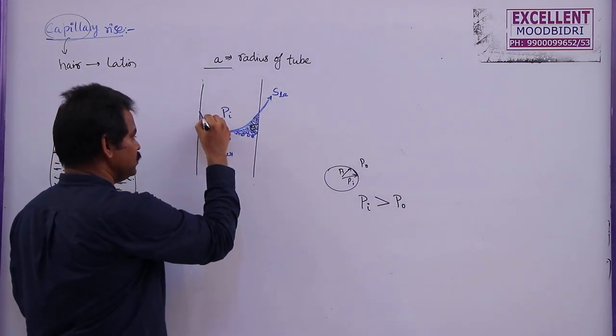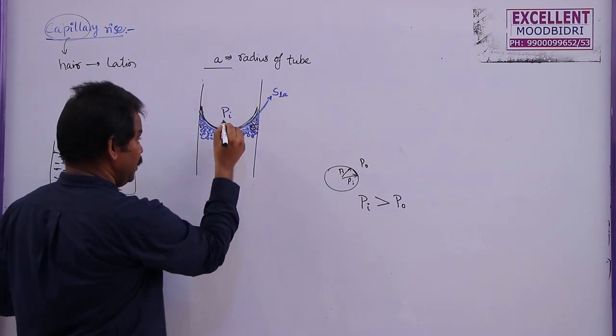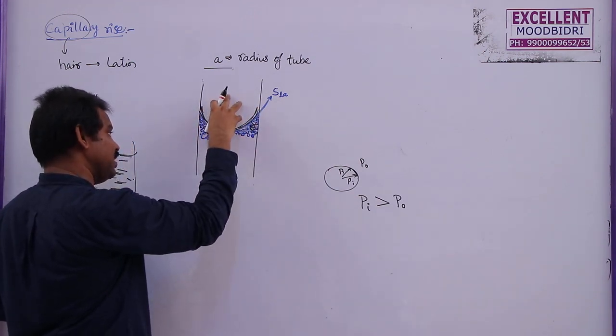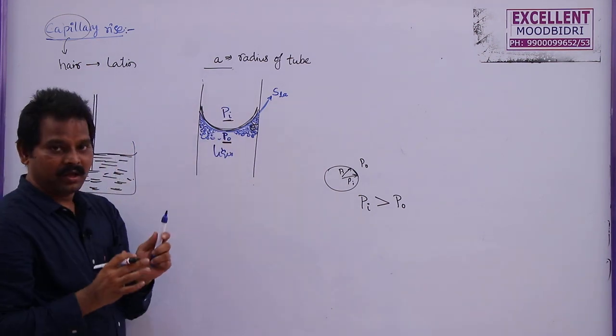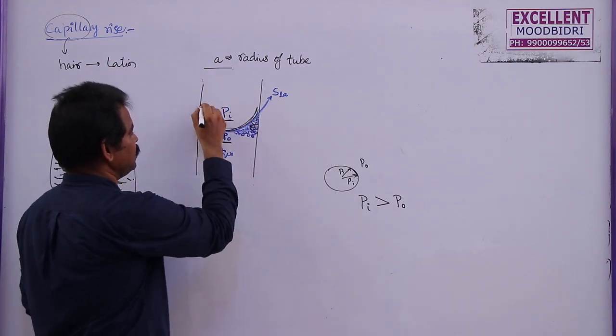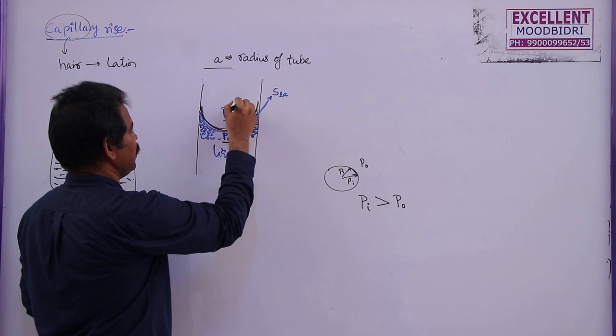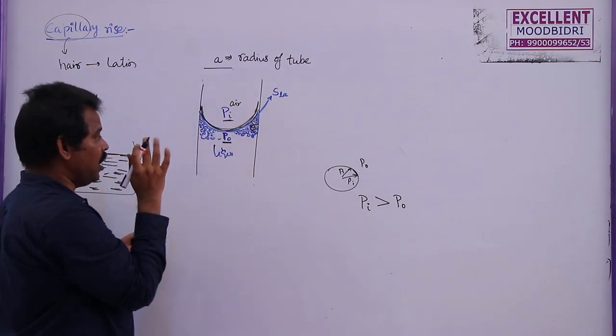Here also, in this air bubble, pressure is more inside this air and pressure is less outside, because here I am not creating a liquid bubble, I am creating an air bubble. So this is air. So pressure is always more on the concave surface.